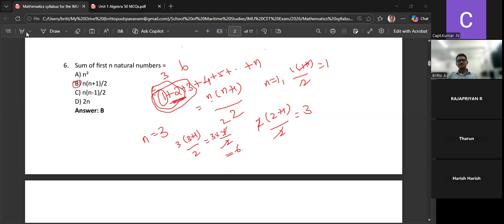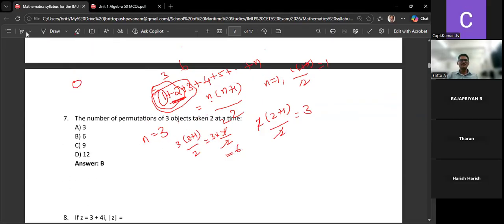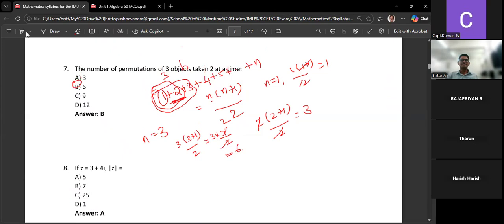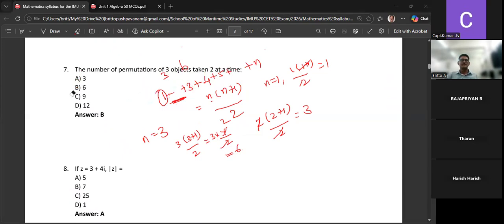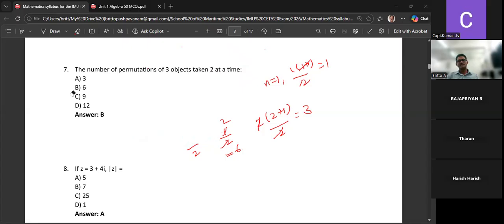Now we move on to the next question, question number 7. This question is the number of permutations of three objects taken two at a time, right?